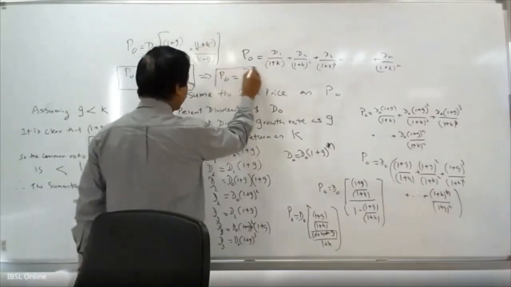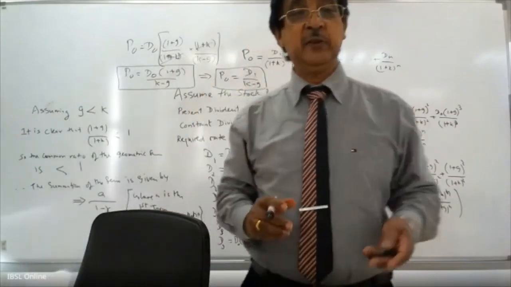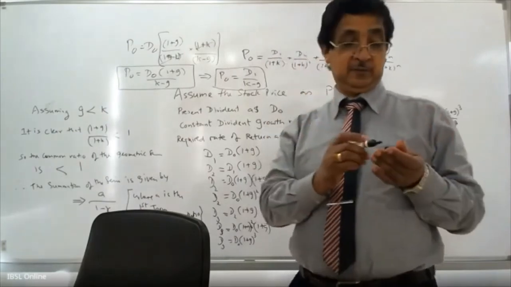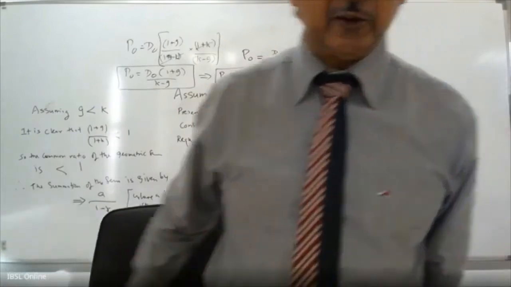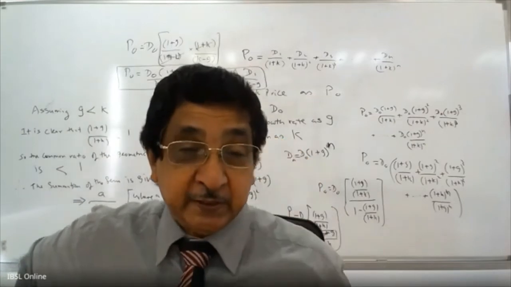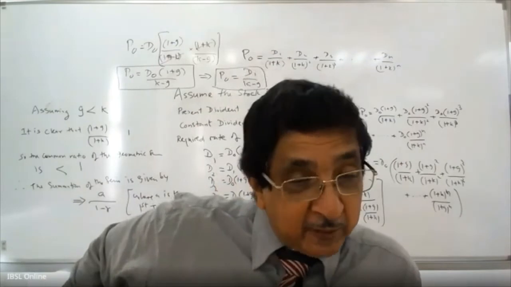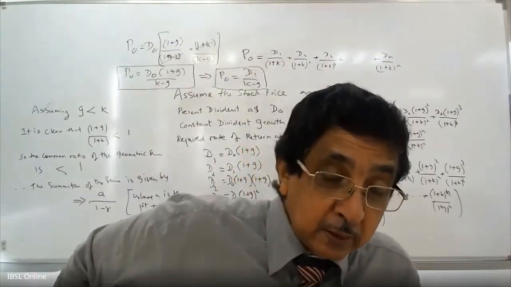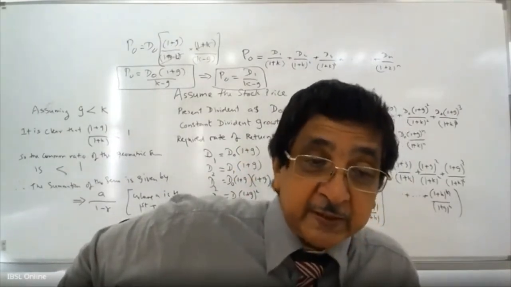Now this is known as the one-stage dividend discount model. Under the one-stage dividend discount model, you get the present price of the stock as D1 divided by K minus G. D1 is the dividend for the first year, K is the required rate of return, G is the growth rate of dividends.